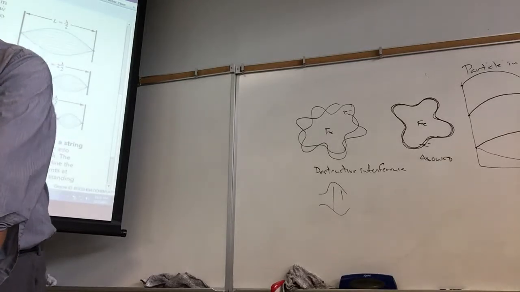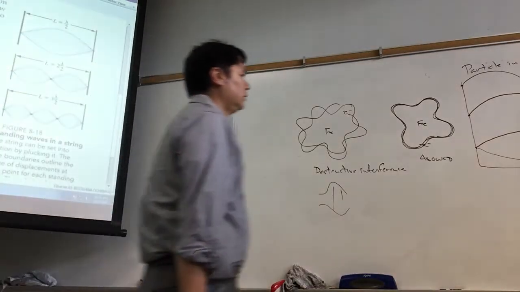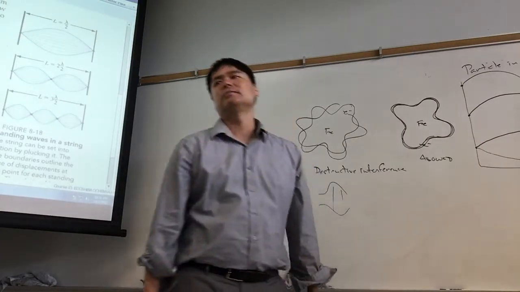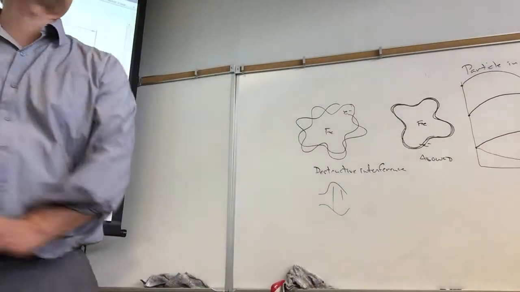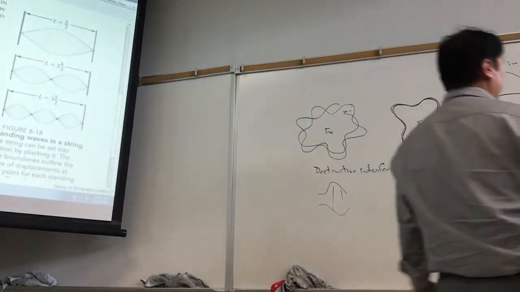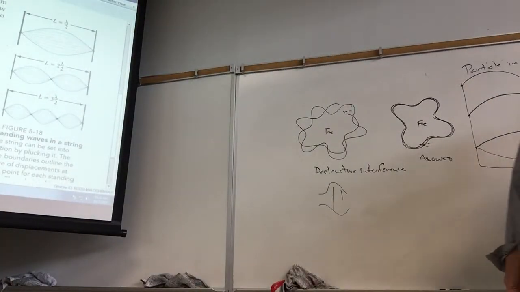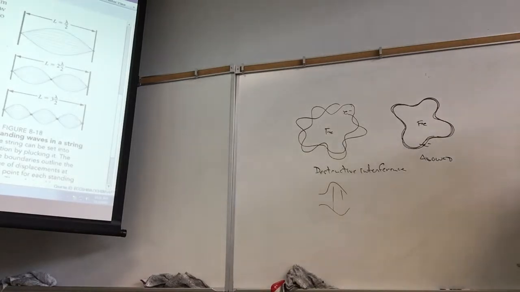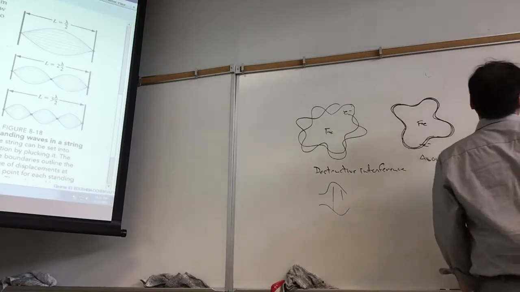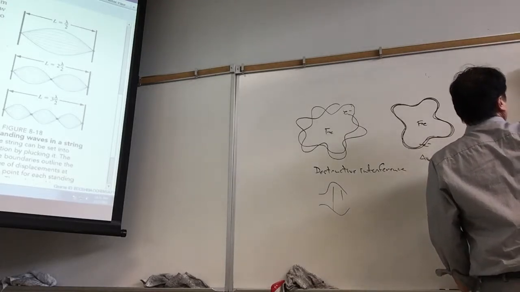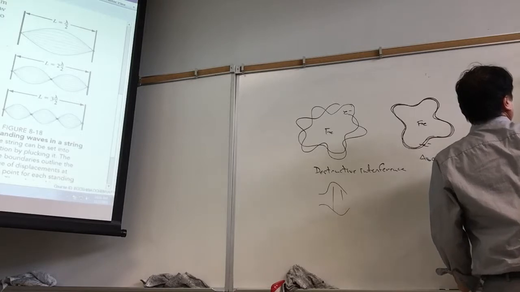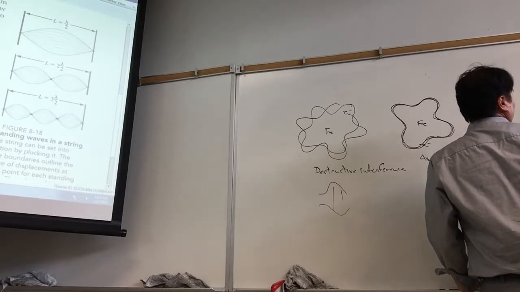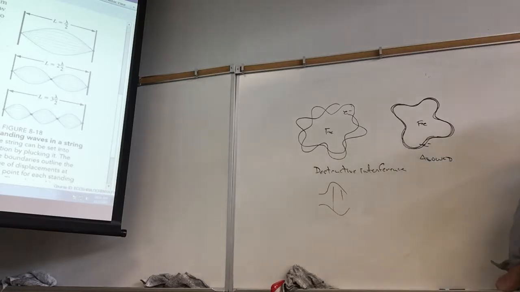And so we don't see quantization of energy until we get to very small objects, because only with very small objects are the wavelengths going to approach the dimensions of the object. And so if we look at a baseball, we have a baseball leaving here and then arriving here.